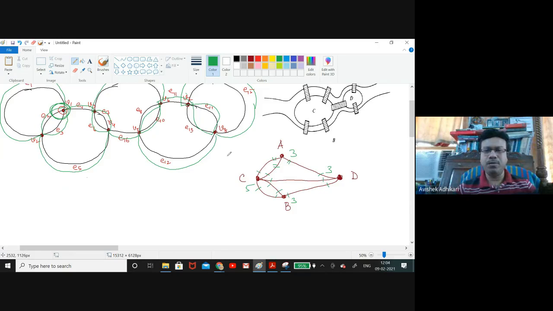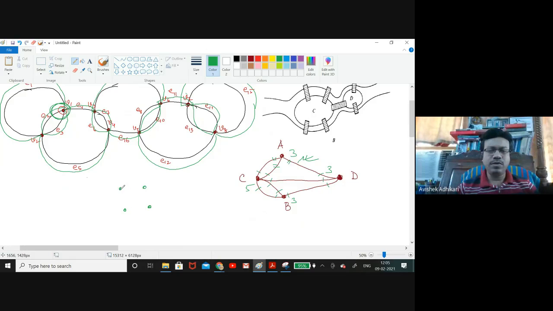That was the same as the Konigsberg bridge problem, and it was shown to be an if and only if condition. That means a connected graph is said to be Eulerian if and only if the degree of each vertex is even.